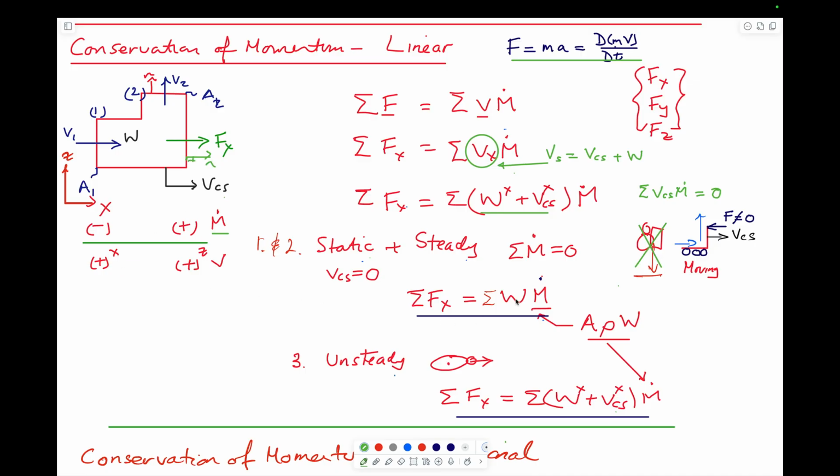But for the velocity or the term W or VCS or VS, these terms are positive in the directions of the positive coordinate system. So this is a positive velocity, and a velocity out of here, well, actually it's written differently. A velocity out of here, V2, would be positive as well because it's in the positive z direction.